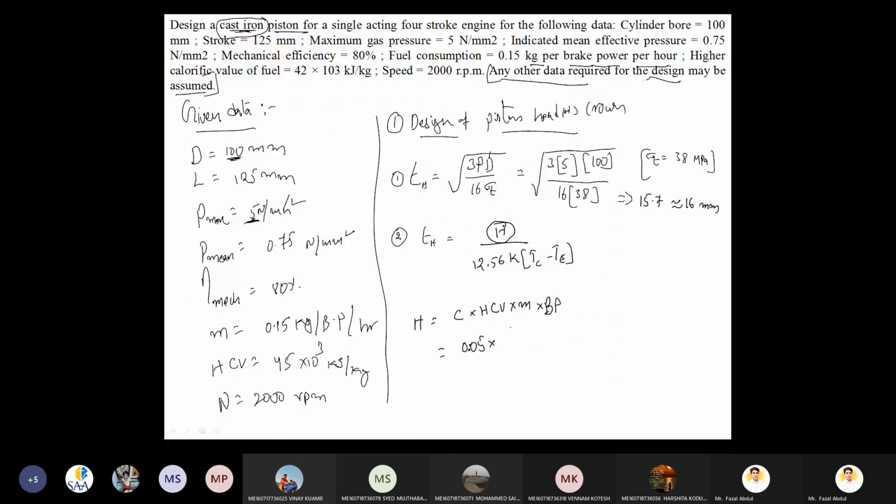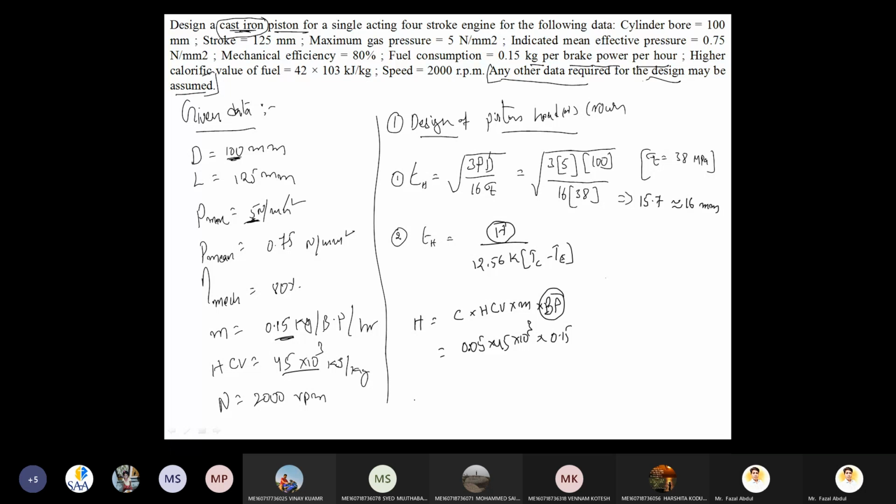And the M value is given here, 0.515. Before this part, we require the brake power.